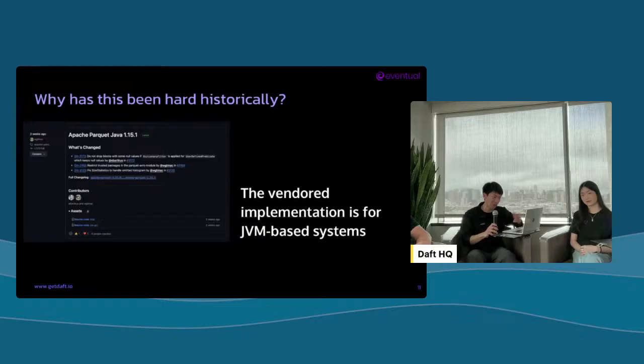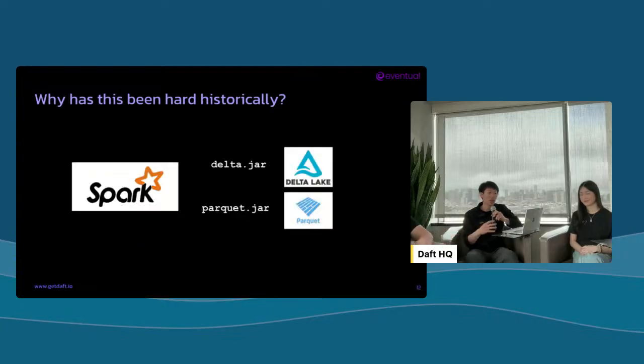And similarly, the vendor implementation of the Parquet protocol is also meant for the JVM. So back in the day, unfortunately, to use Delta Lake or Parquet, you needed to install the Delta jar and the Parquet jar, which meant that really only systems like Spark, systems built on the JVM, could use this stuff.